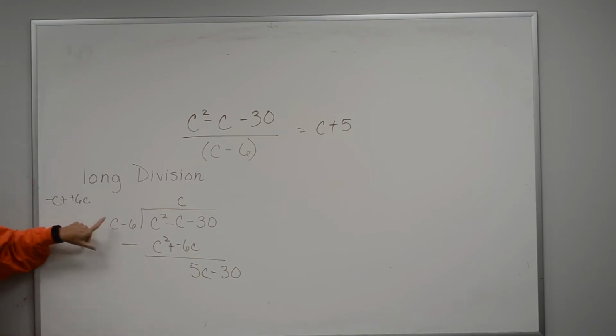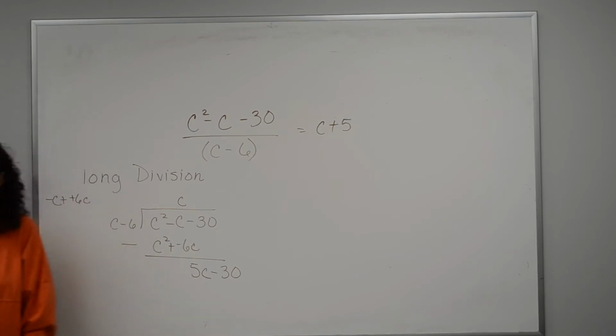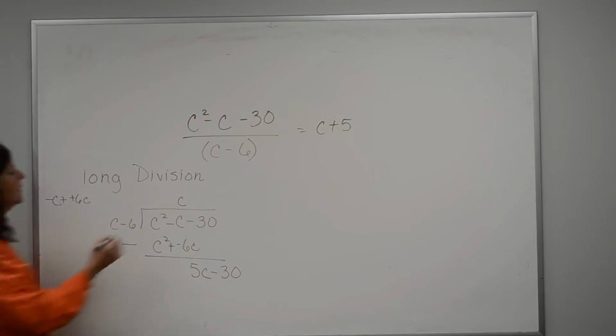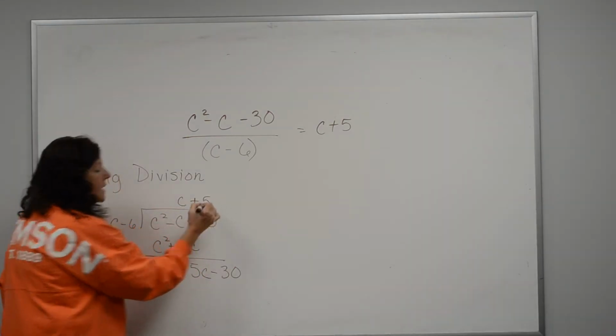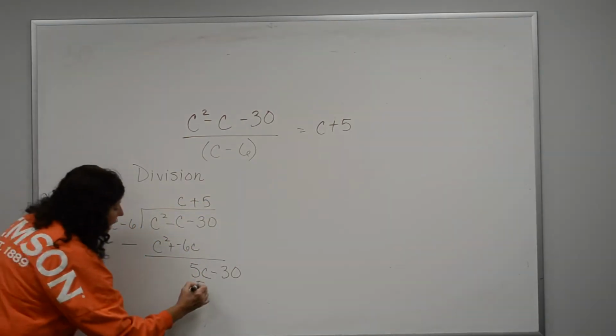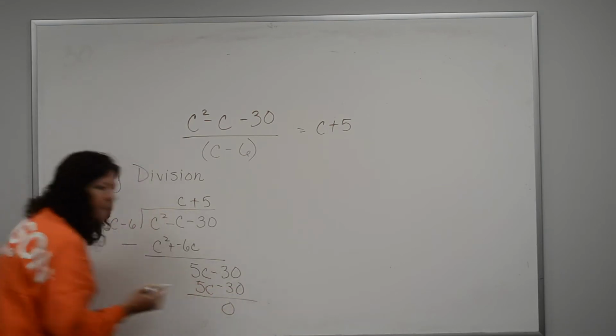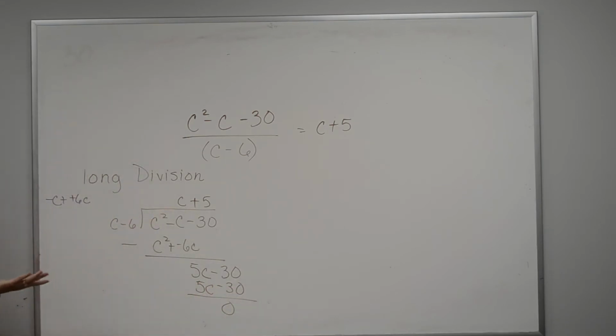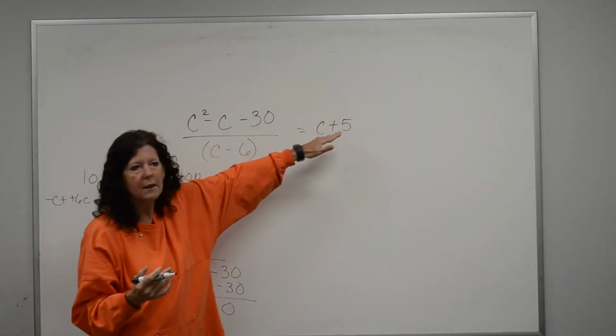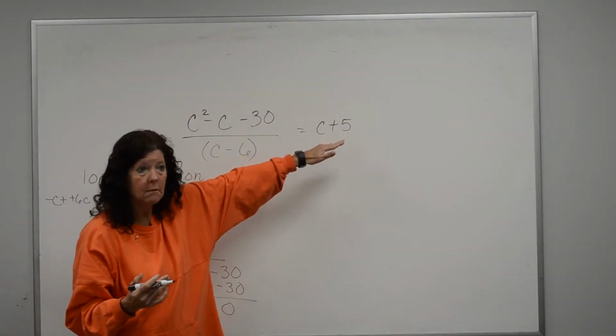Now I go, C times what gives me 5C? A positive 5. So I say plus 5. So 5C minus 30, and that matches right up. I have no remainder. Same answer I got there, right?